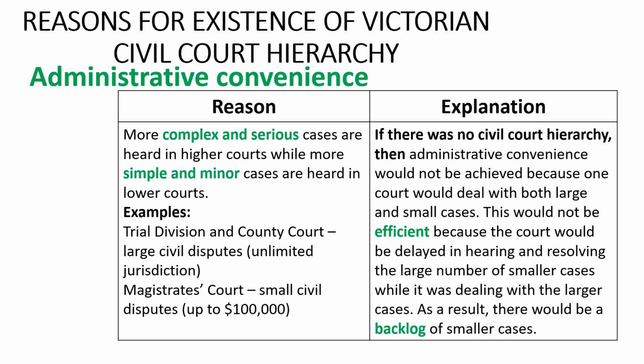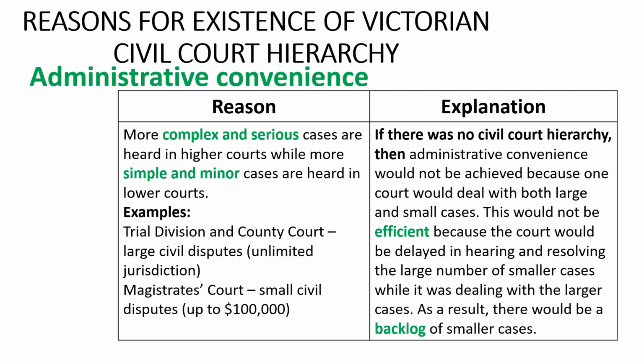However, according to the curriculum, the 2 key reasons for a Victorian civil court hierarchy are administrative convenience and appeals. And so these are the 2 reasons that we'll be focusing on and that I want you to use if you're answering a question in a SAC or exam about the reasons for a Victorian civil court hierarchy.